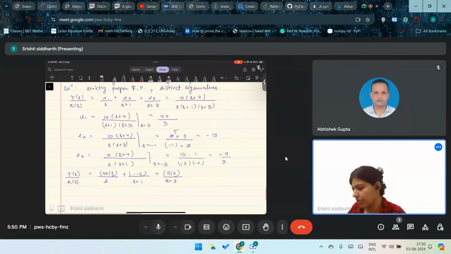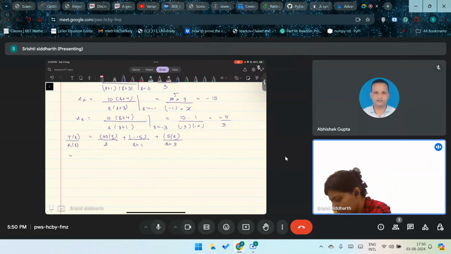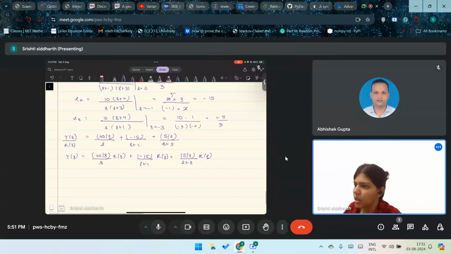Okay, now let's take R(s) to the right hand side. We get, so let's write minus 15 upon s plus 1 times R(s).